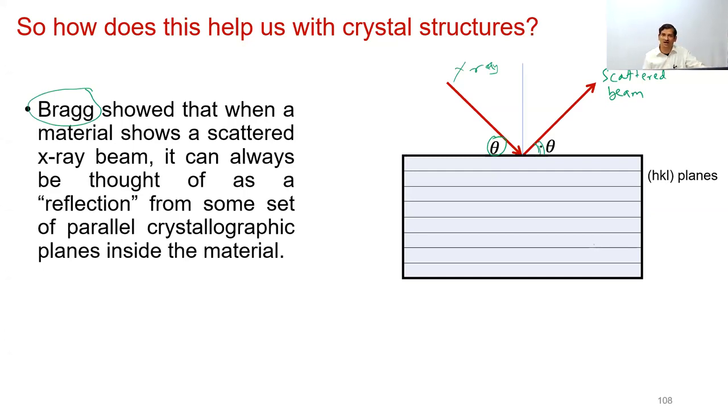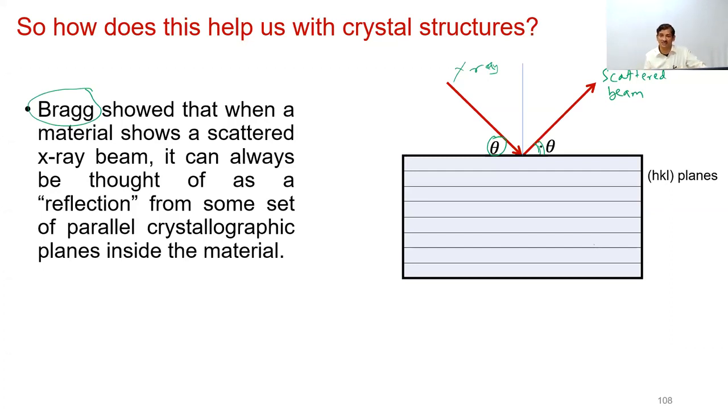It is analogous to what we often see in optical reflection. If you have a mirror or polished surface, and we shine light on it at a particular angle, then the reflected light also leaves at the same angle. This is the analogy between X-ray diffraction and optical reflection, which was first shown by Bragg.